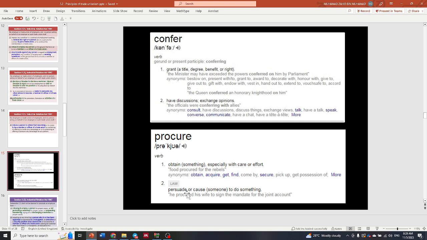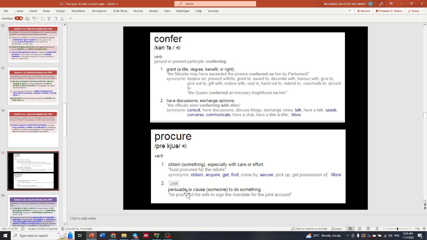Dalam law, perkataan procure ni merujuk kepada satu verb yang merujuk kepada memujuk. Contohnya macam kes Syamsul dengan isteri dia, Puteri Sarah tu. So contoh tak ada kaitan hidup dan mati.